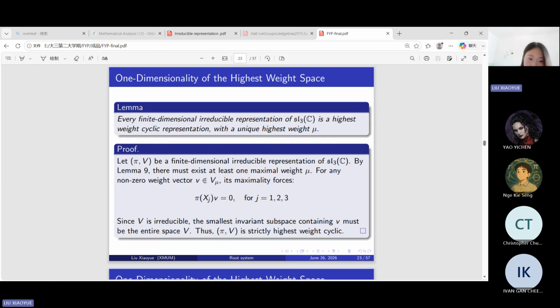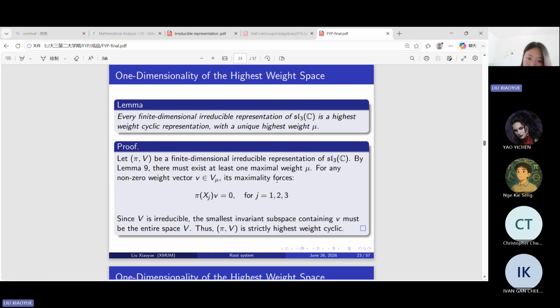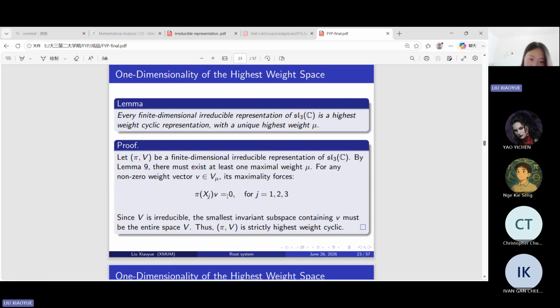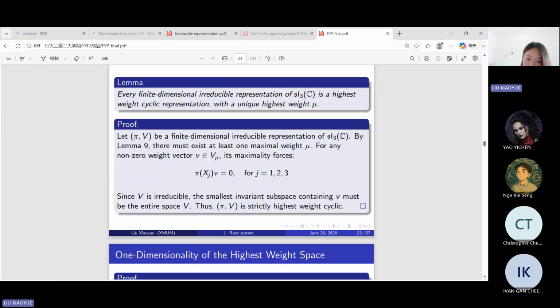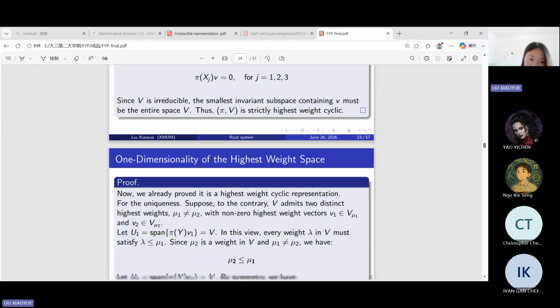For any non-zero weight vector v in that weight space, it is a maximal weight vector, and when X acts on it, it must equal 0. Since V is irreducible, the smallest invariant subspace containing v must be the entire space V. So pi is highest weight cyclic.